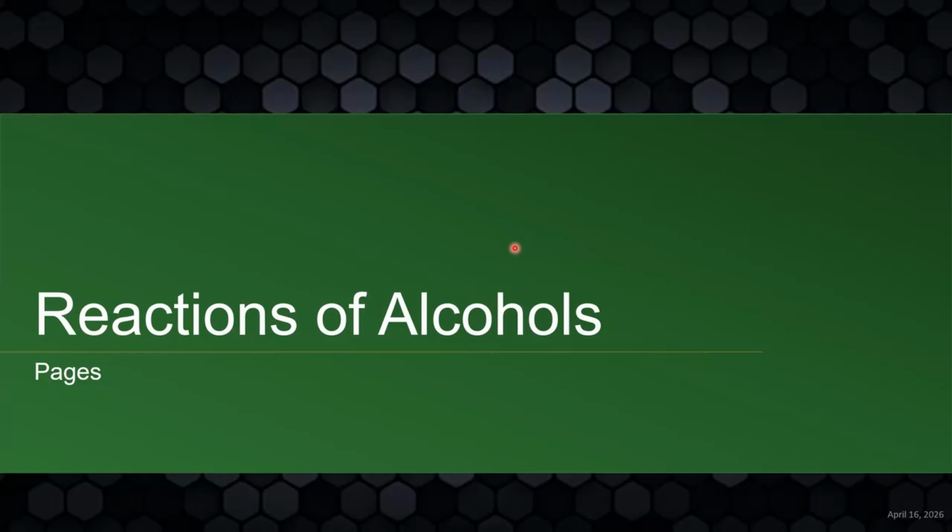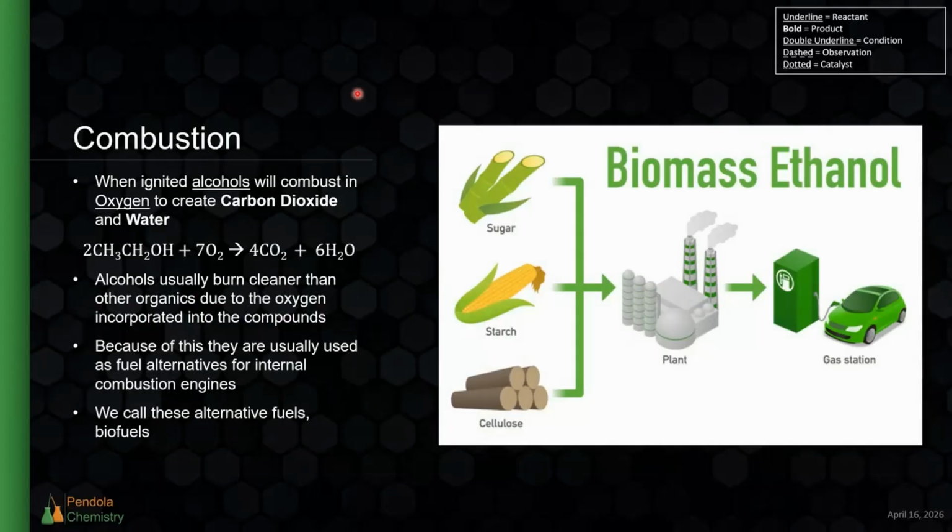So let's start. The first reaction that alcohols can undergo, which is a reaction that most organic compounds can undergo, is combustion. Combustion is simply a reaction of an organic compound with oxygen, and in the case of alcohols, it's always going to create carbon dioxide and water.